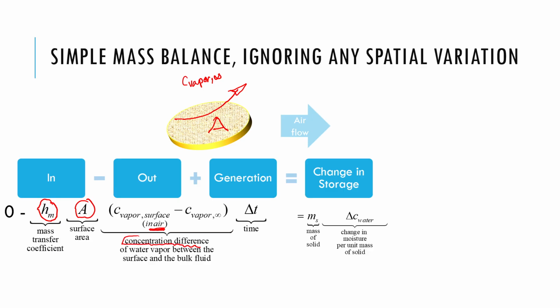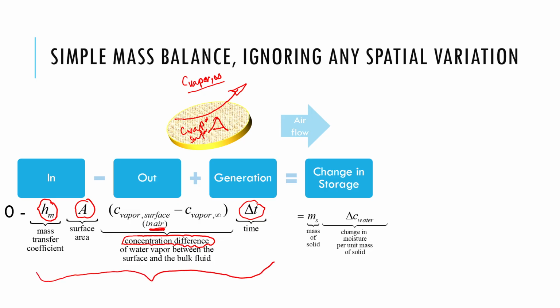This difference is the concentration difference of water vapor between the surface and the surrounding fluid. So this is the vapor at the surface, and then the surrounding fluid. And so that will be the moisture flow rate. So over time delta t, we will have this amount of moisture transport.